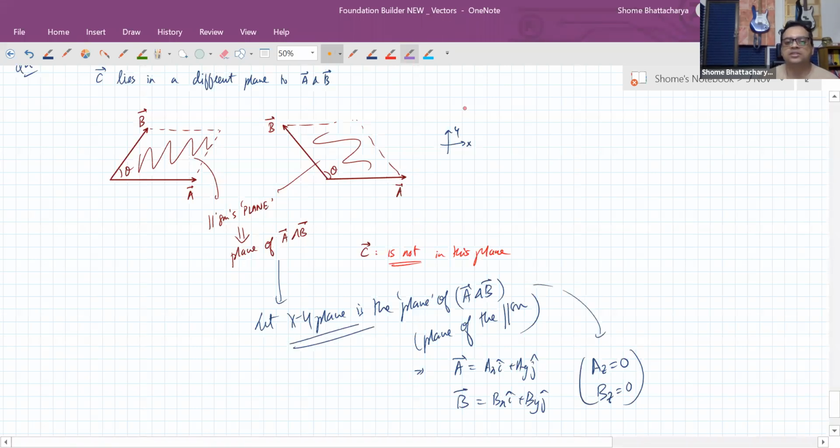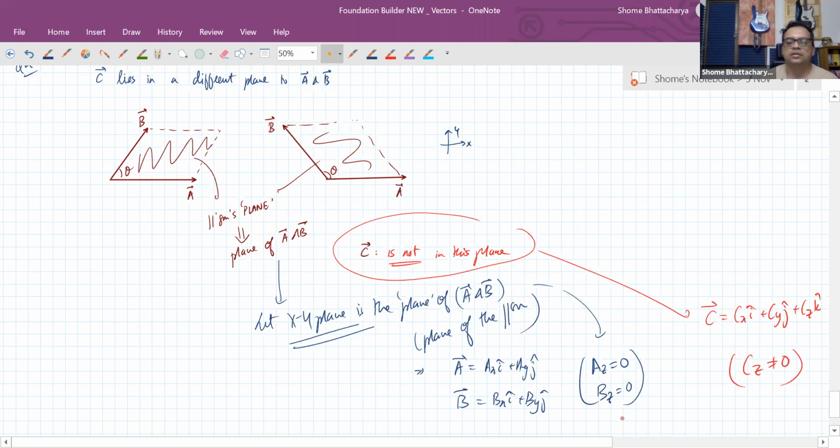But now C is not in this plane. So what does that mean? It means that for C, CZ is definitely not 0. That means C definitely has a Z component.